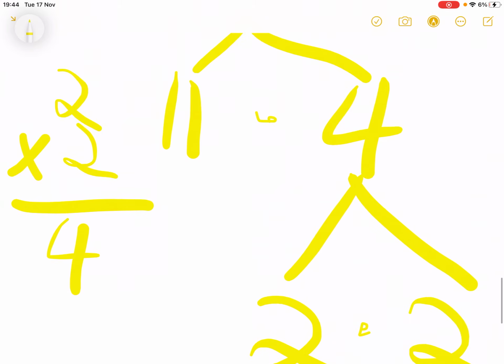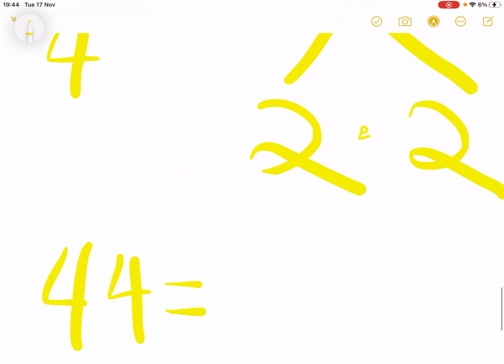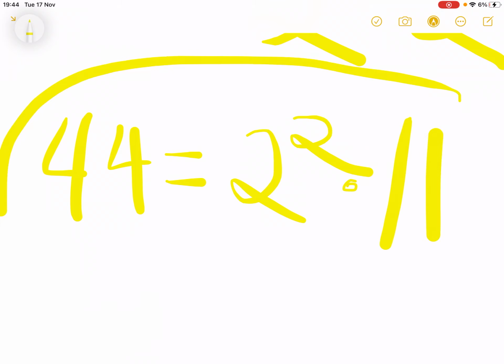So that means 44 is equal to 2 squared times 11. And that's our equation.